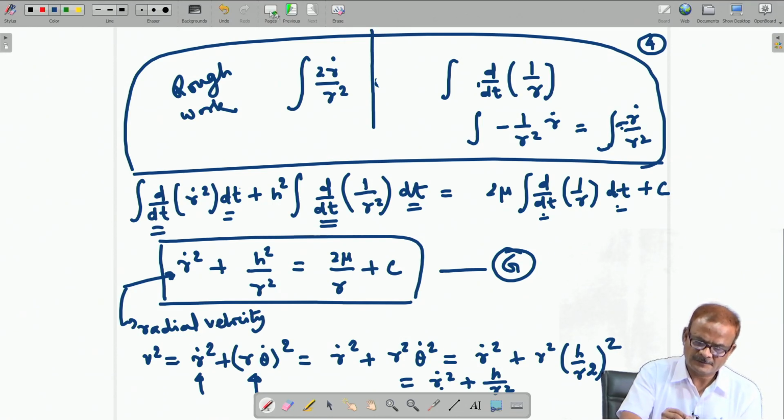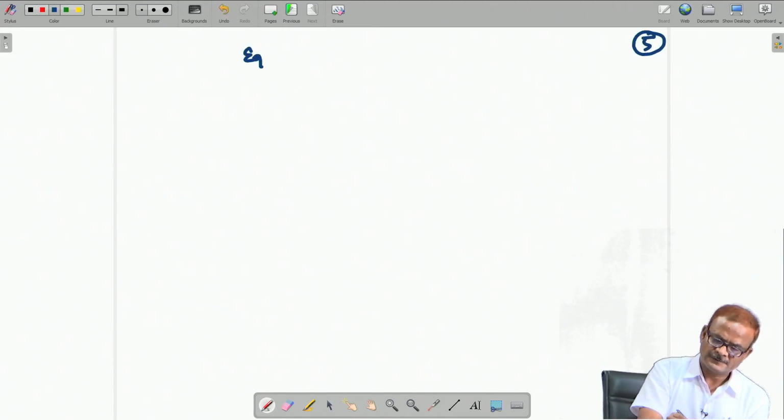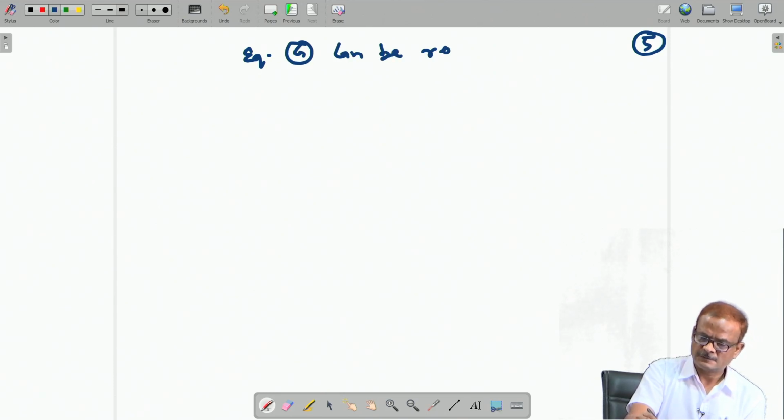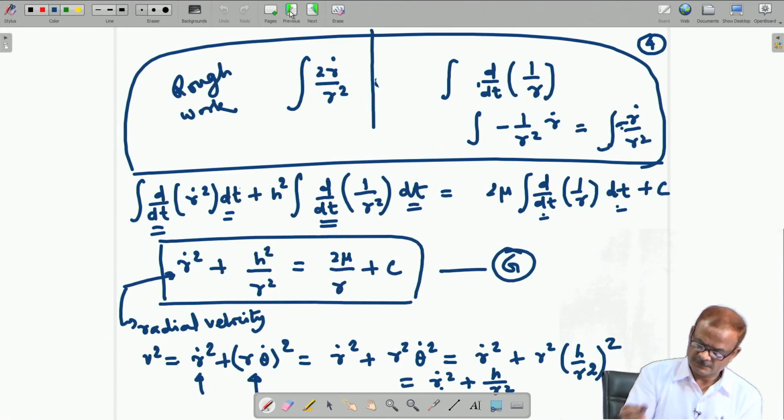So, we go to the next page. Equation g can be rewritten as v square equal to 2 mu by r plus c.